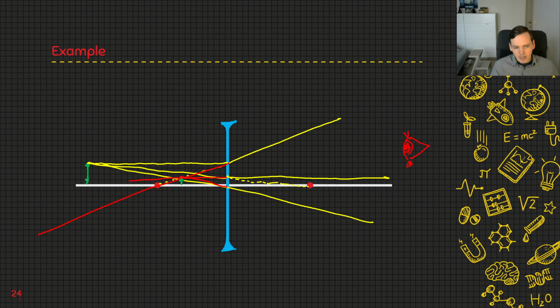This is an arrow that's closer to the lens. It's smaller, shrunk down. It is upright. It's a virtual image because we had to look from the opposite side and imagine where our brain had to think where the lines would have come from. And it's upright. It's vertical.